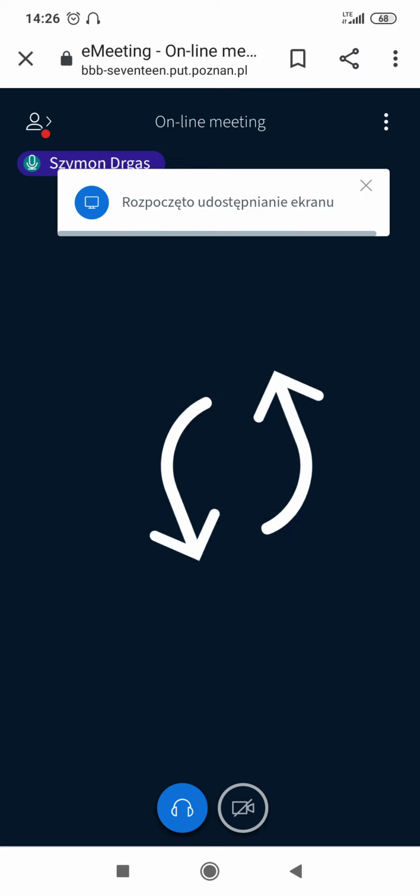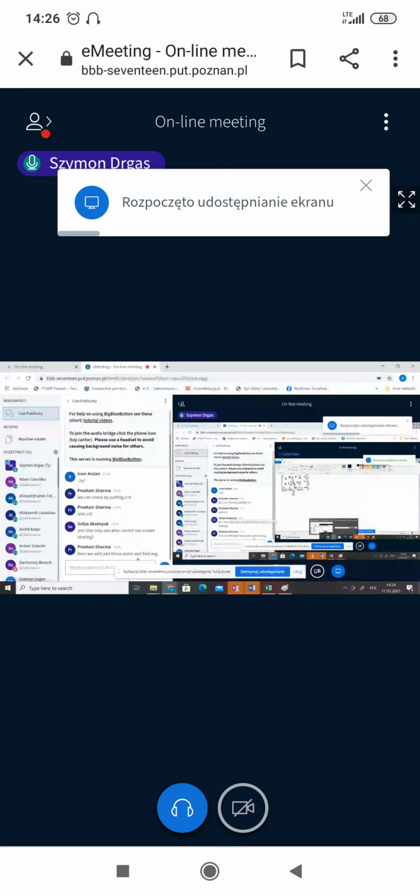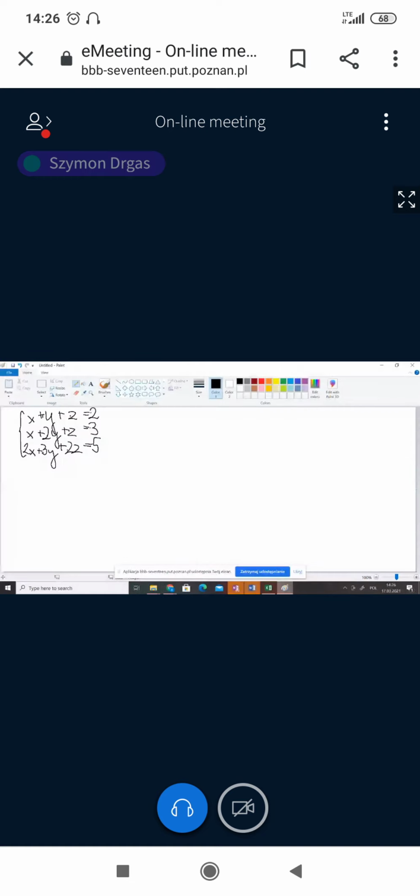Okay, you should see this screen sharing now. And then we have this exercise 6. Move the third plane from the previous problem to a parallel plane, 2x plus 3y plus 2z is equal to 9.